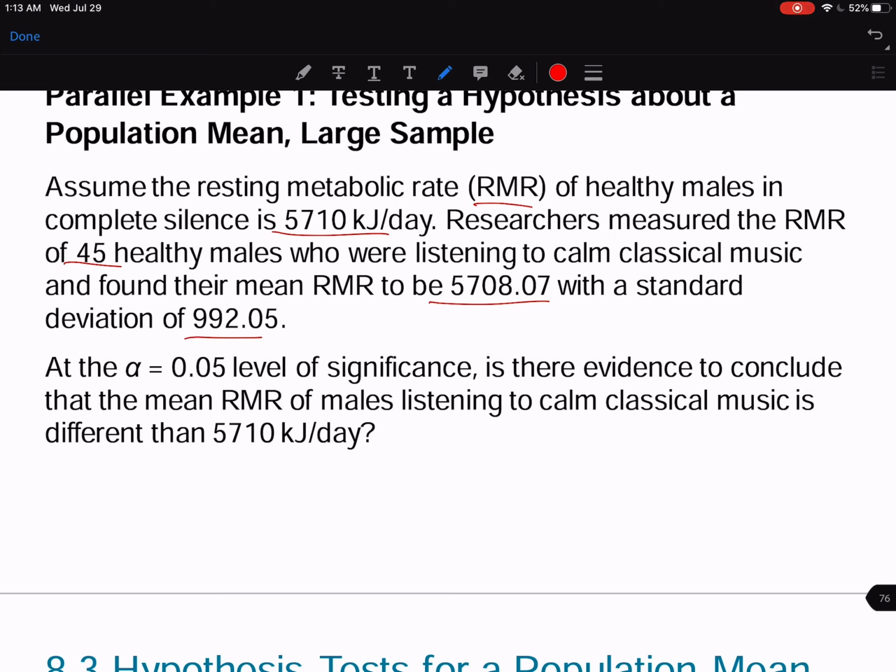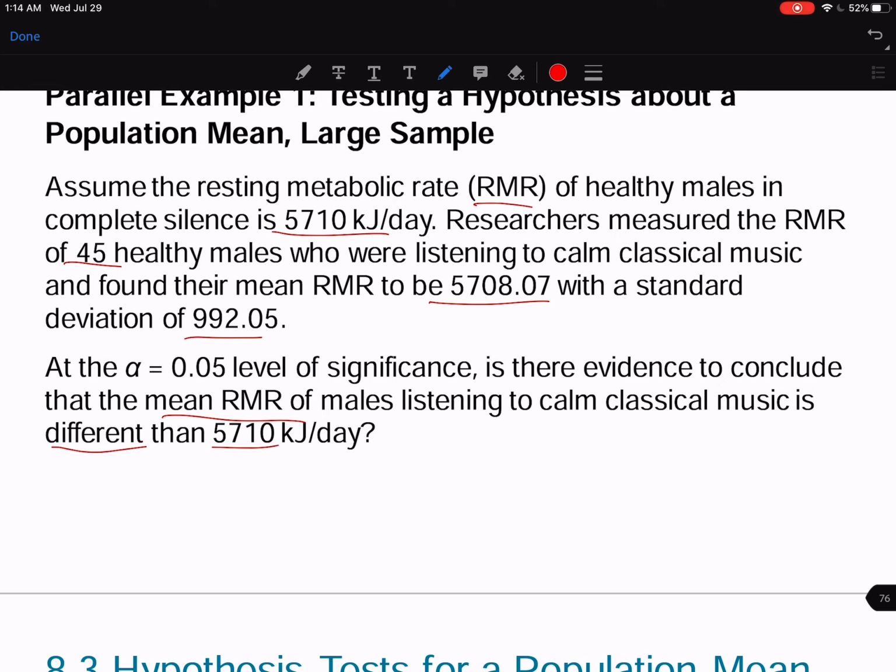At the alpha equals 0.05 level of significance, is there evidence to conclude that the mean RMR of mice listening to calm classical music is different than 5710?